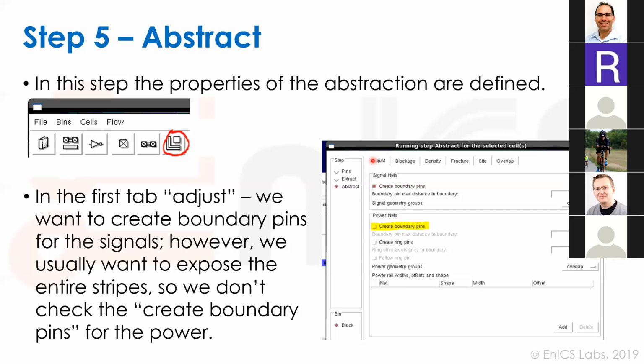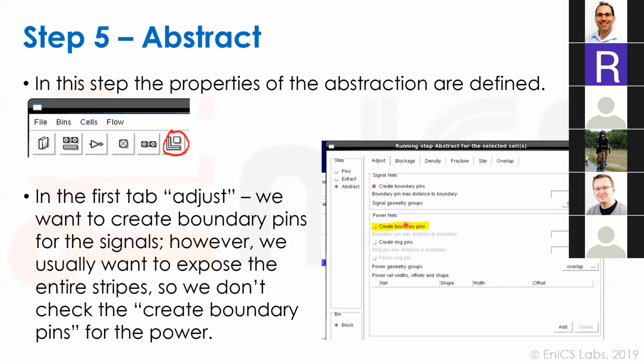Okay. So here in the abstract, we have the first tab, which is adjust. So when we want to create the boundary pins, and this is what I've learned from your ping pong with Andrada Slava, that she said something about exposing all the stripes of the powers, and she found out that if we don't check this one, then it shows the whole stripe of the power and not just the boundary pins.